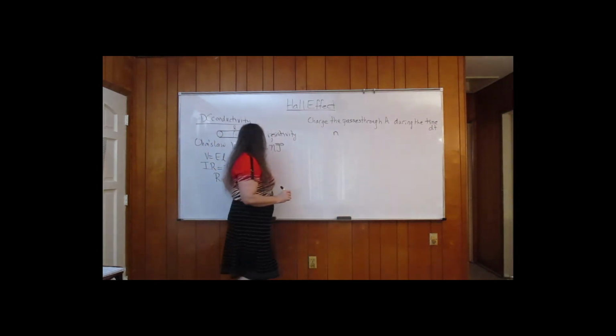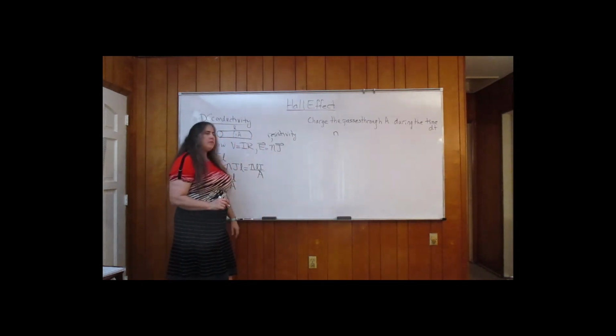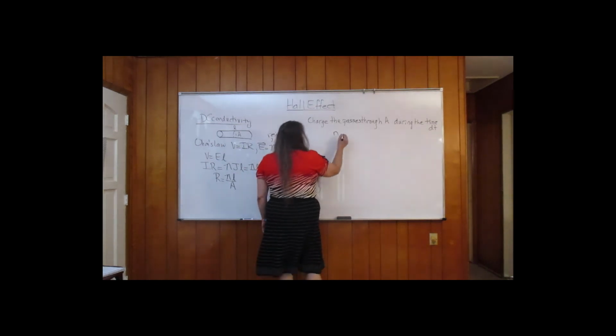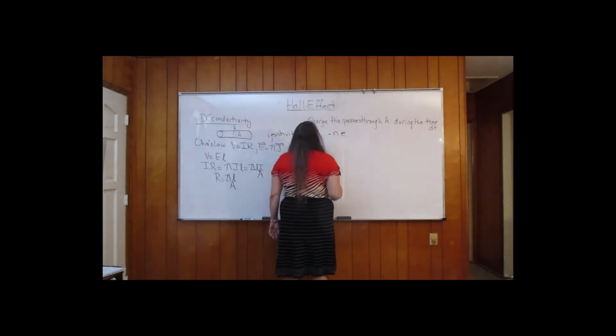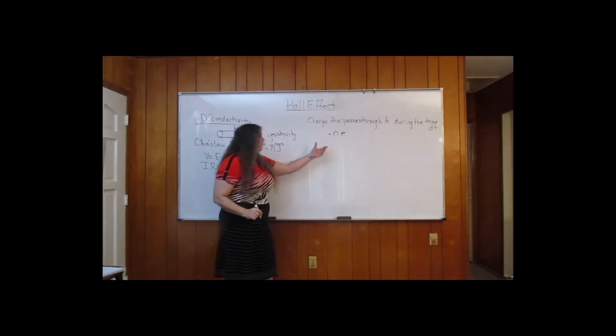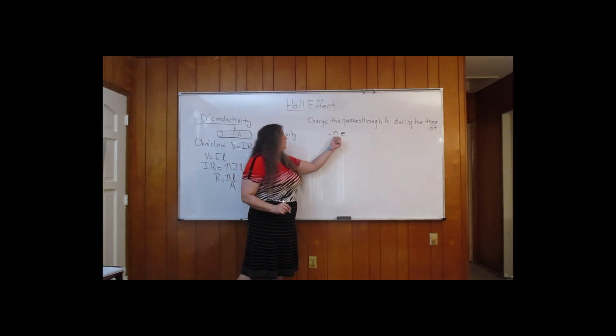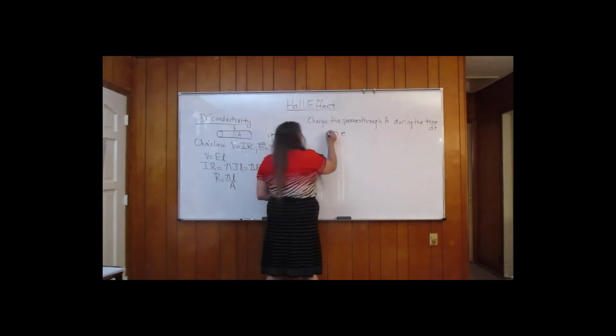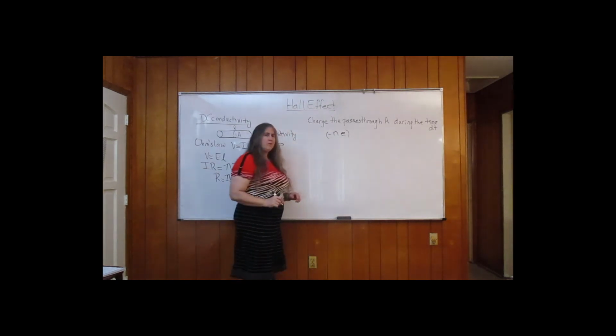Now, this piece of wire has density of conduction electrons n. So the amount of charge per unit volume is equal to the conduction electron density times the electric charge. Okay?